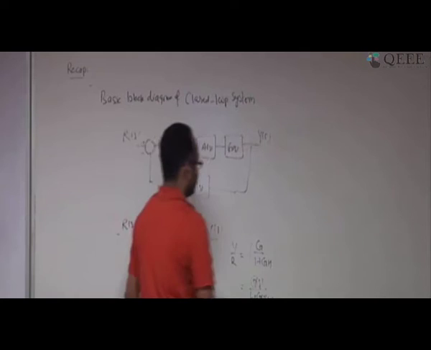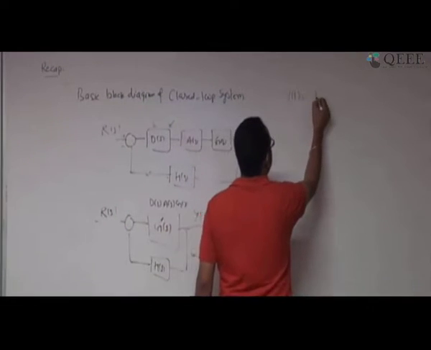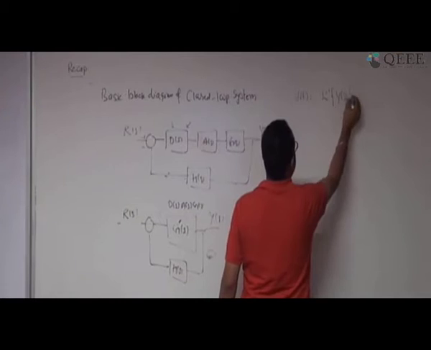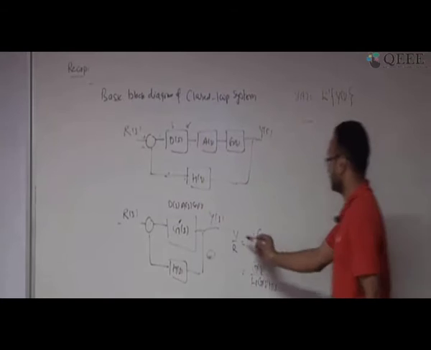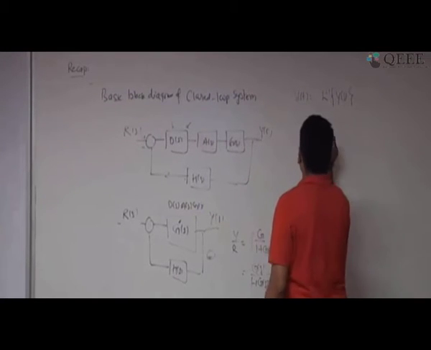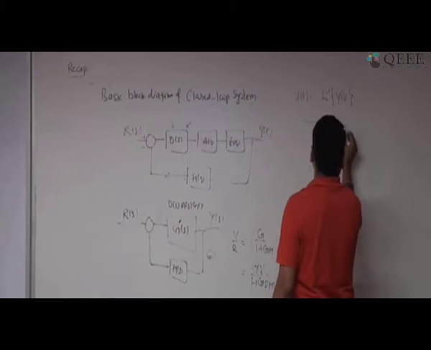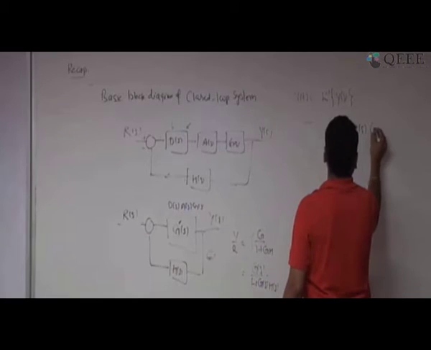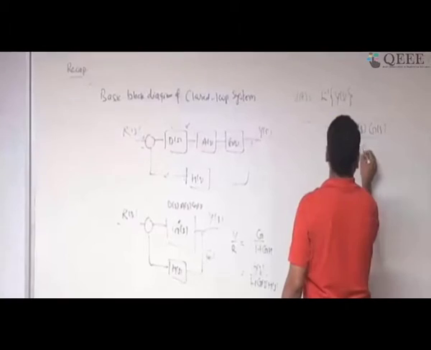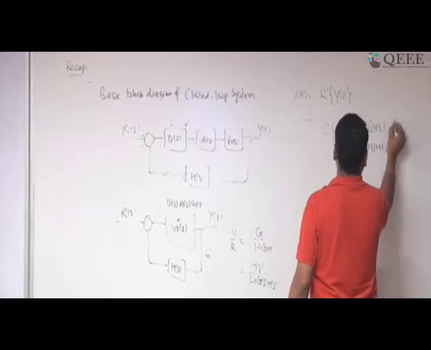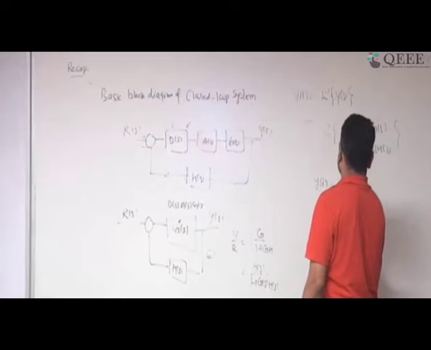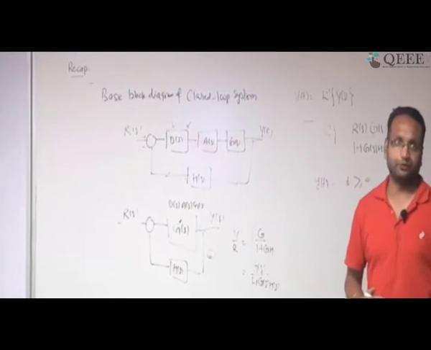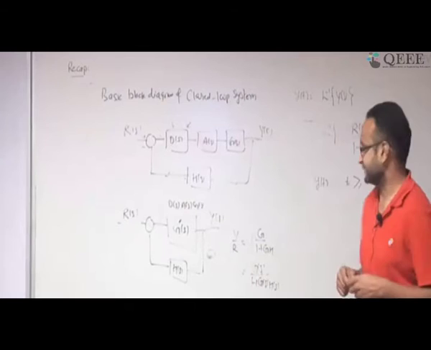So I will be analyzing the inverse Laplace transform of Y of S, and then see how y of t looks. Y of S is R of S, G of S over 1 plus G of S H of S. You take the inverse Laplace transform and you get y of t for t greater than or equal to 0. That is our objective, to find the dynamic response of the system.